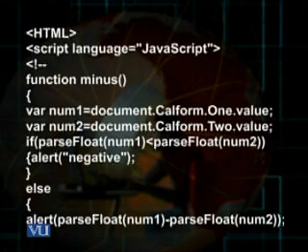And after that I have used the if statement. If parseFloat(num1) is less than parseFloat(num2), then alert negative. It means through this if statement I am telling that in case the value of the variable num1 is less than the value of the variable num2, then an alert box should be generated in which the word negative should be written.